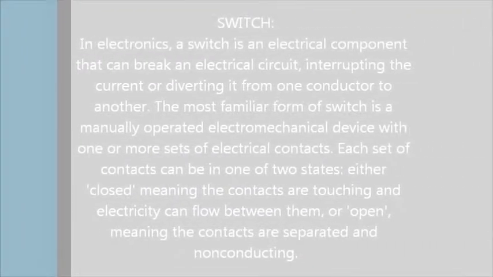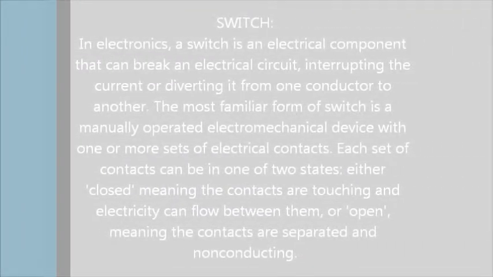Switch. In electronics, a switch is an electrical component that can break an electrical circuit, interrupting the current or diverting it from one conductor to another. The most familiar form of switch is a manually operated electromechanical device with one or more sets of electrical contacts.